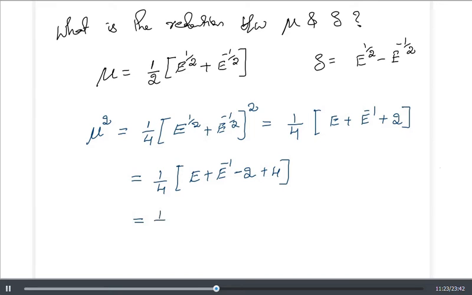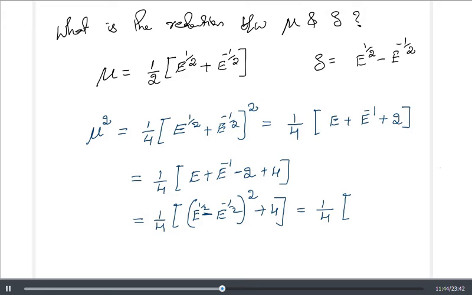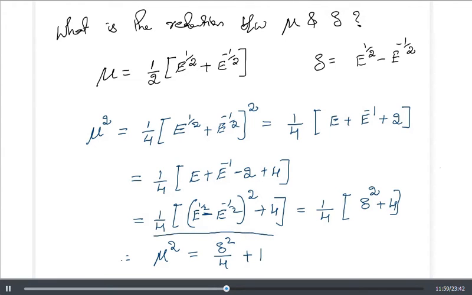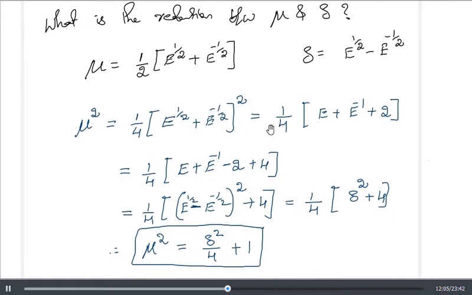Now it is easier to see that it is 1 by 4 into ((e power 1 by 2 minus e power minus 1 by 2) whole square plus 4). So we get 1 by 4 into (delta square plus 4). Therefore mu square is equal to delta square by 4 plus 1. This is the relation between the average operator and the central difference operator.